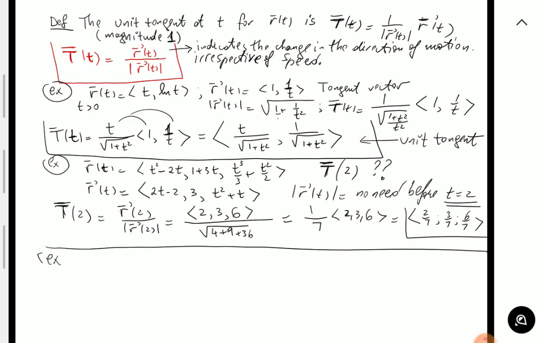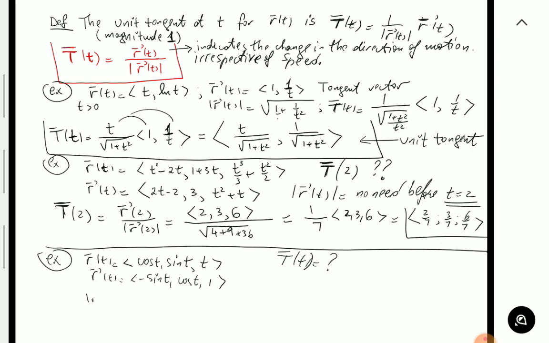So for instance, let's say my vector is cosine of t, sine of t, and t. And let's say I want T of t, I mean the unit tangent, not at a specific point, but at any point. So r prime will be minus sine of t, cosine of t, and 1.